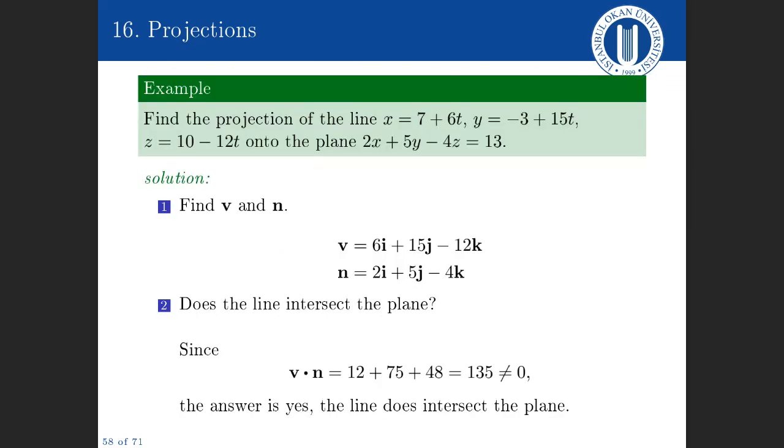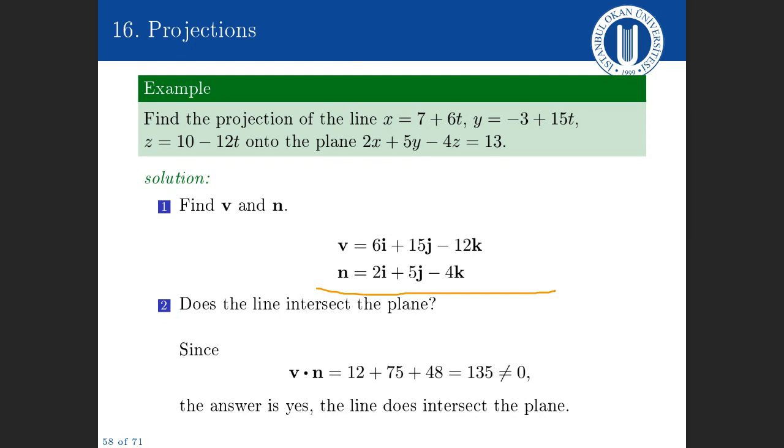So, for example, find the projection of this line onto this plane. Step 1, find V and N. That's straightforward. We can write those down just by looking at the formula in the question. And then step 2, does the line intersect the plane? We do V dot N, and this is not 0.